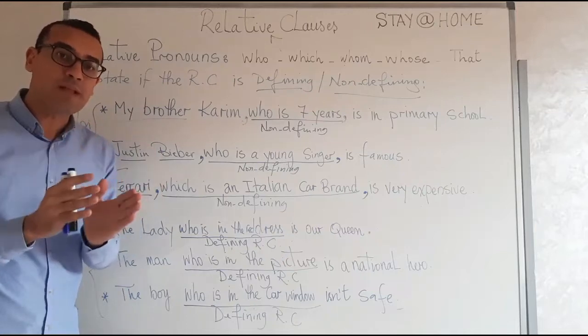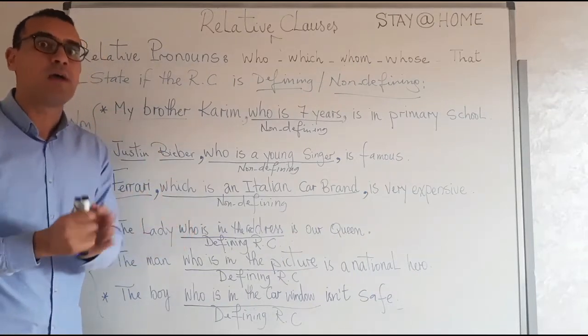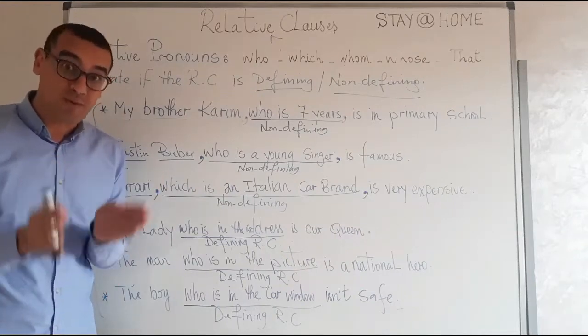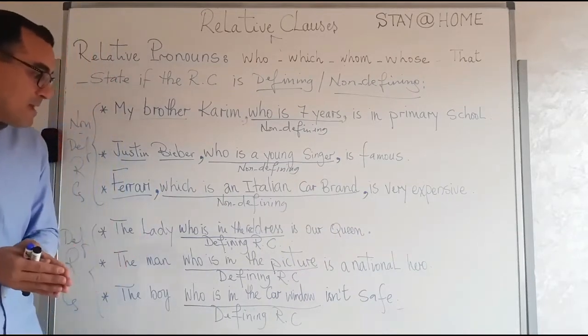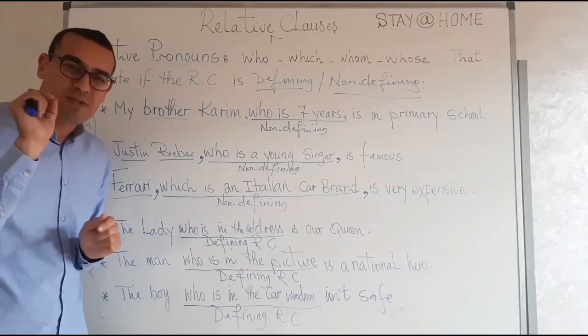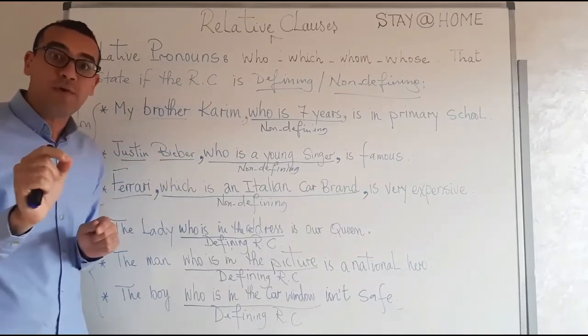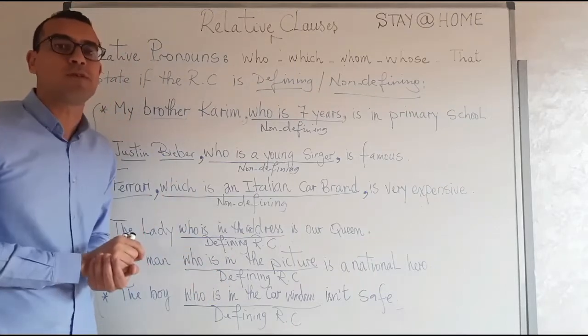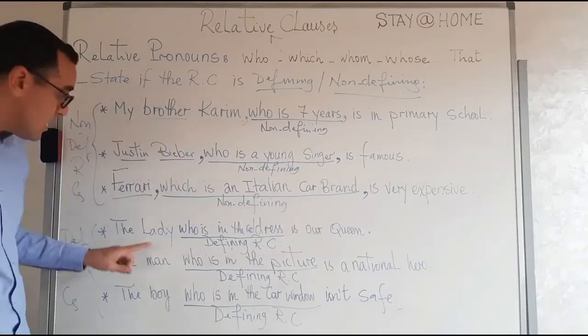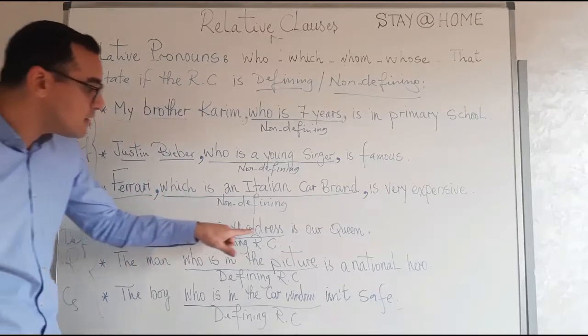They do not determine, they do not state and specify the person that we are talking about. And when we say defining relative clause or restrictive relative clauses, it simply means that they restrict, they try to limit the person, specify or determine, or if you want, state exactly the person that we are talking about. So here we have the lady. It's not defined because we have many ladies, but we are talking about the lady who is in the red dress.